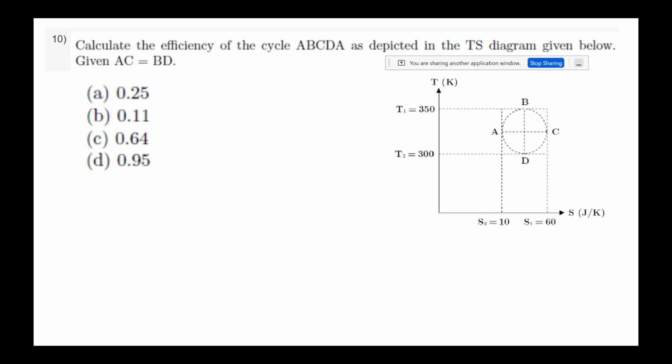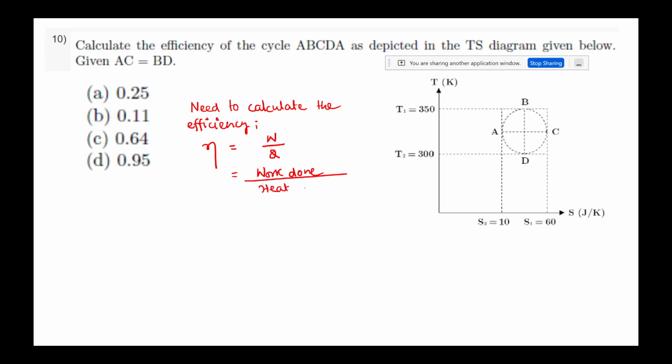Now, first question is, we need to calculate the efficiency. Now, how is efficiency calculated? Eta is equal to W by Q, that means work done divided by heat absorbed.